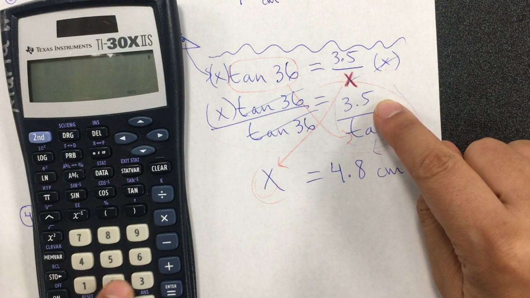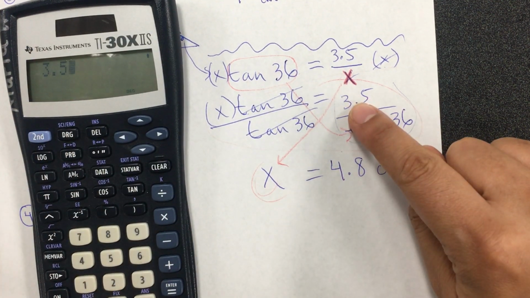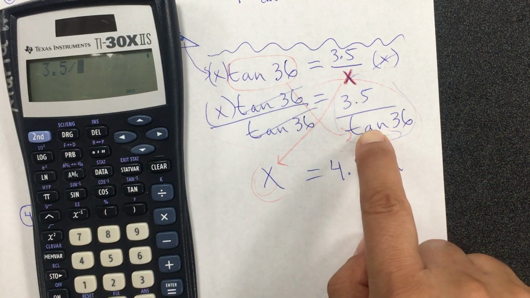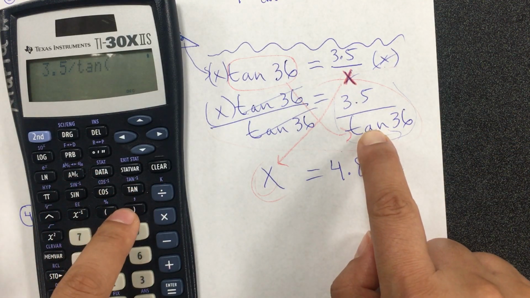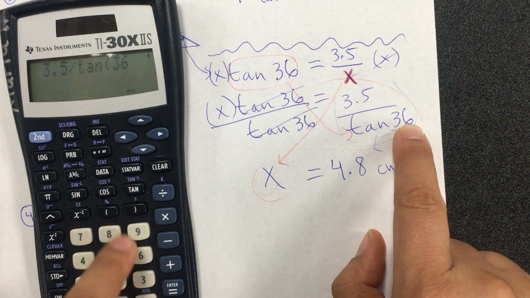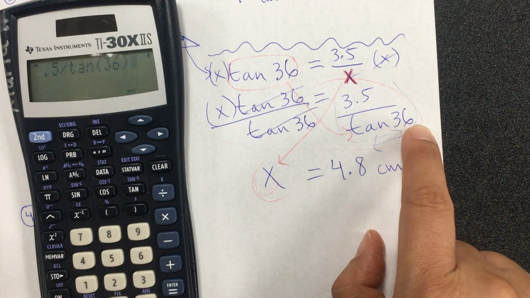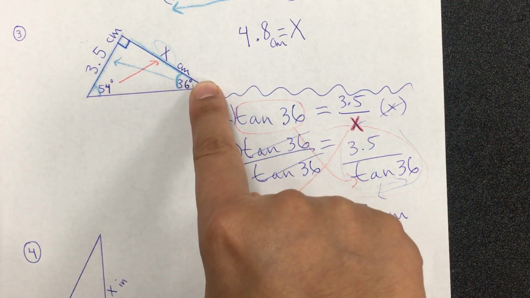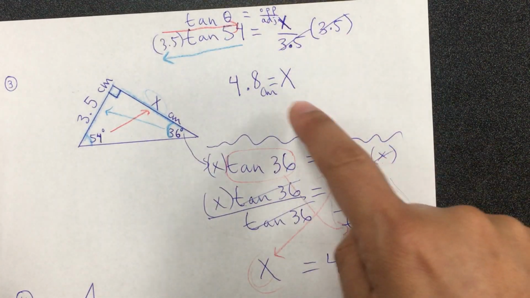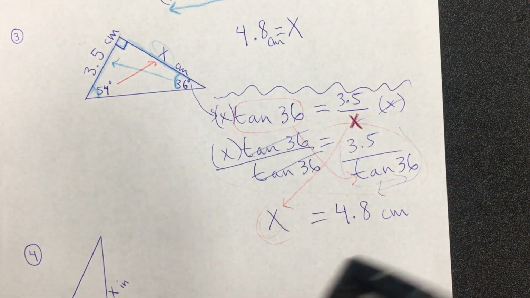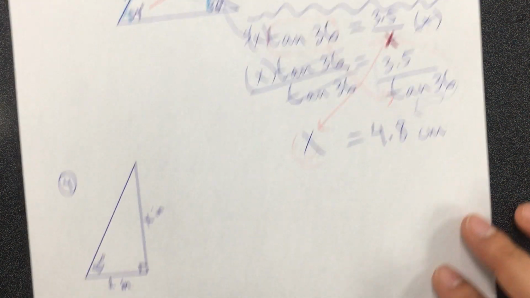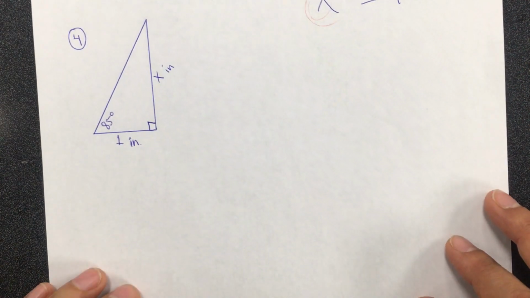We're going to do 3.5 divided by, in here, first the tangent, then the 36, close the parentheses, and equal. 4.8, okay? So even if we use this one or this, any of the two, we're gonna get 4.8, with both calculators. Okay, one more.